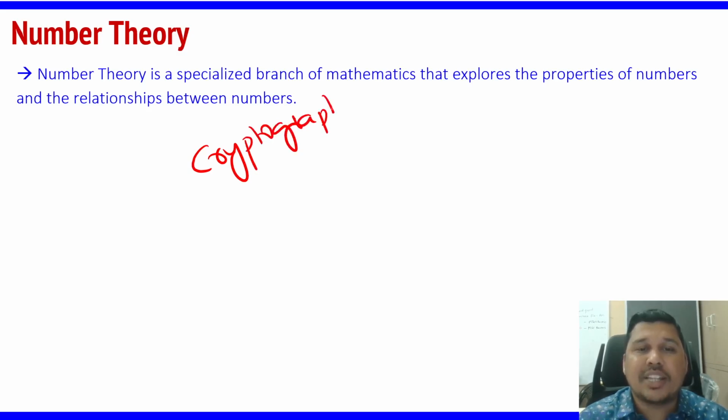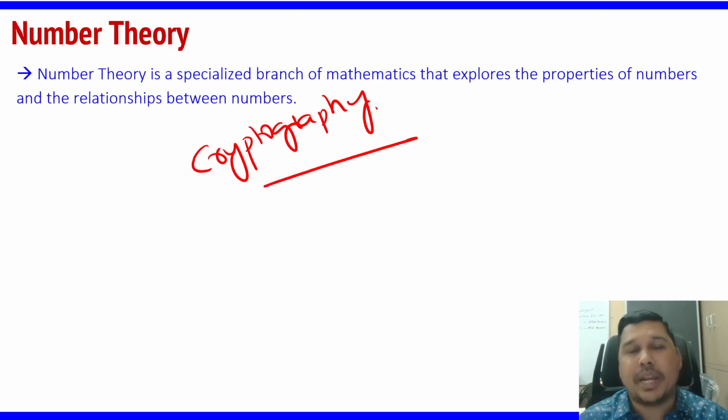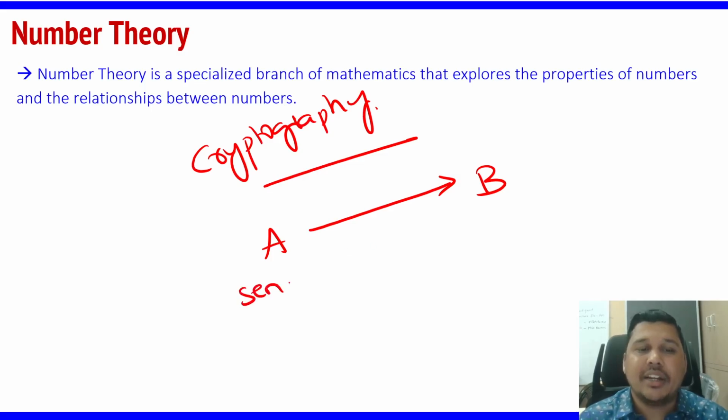What is cryptography? Cryptography is a part of computer science where we try to secure the message when two entities are exchanging information from a sender to a receiver, right?